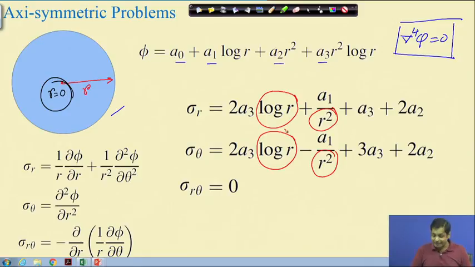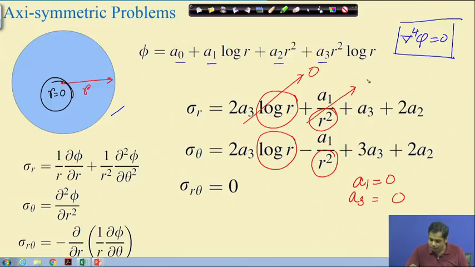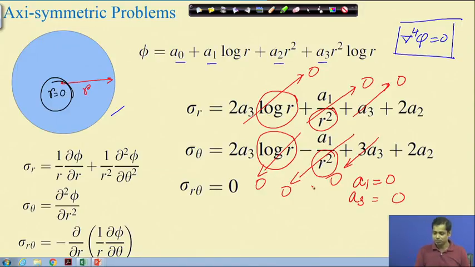Then straight away we can say that A1 has to be 0 and A3 has to be 0. So this part becomes 0, this part becomes 0, and again A3 is 0.